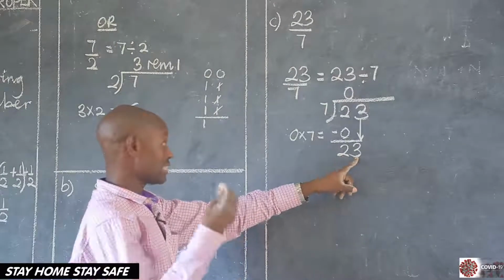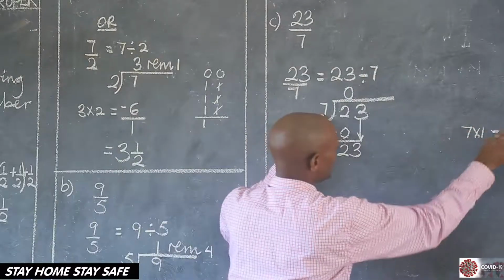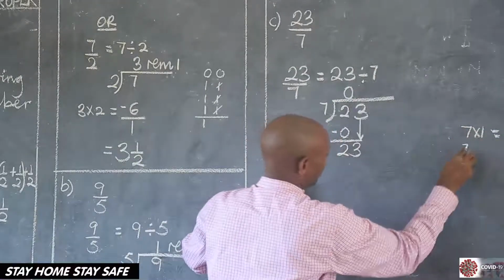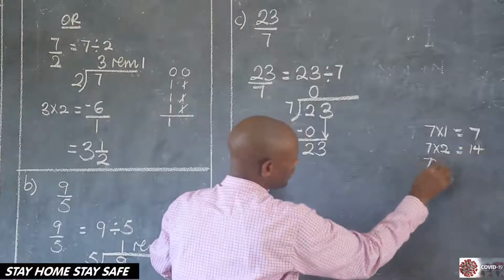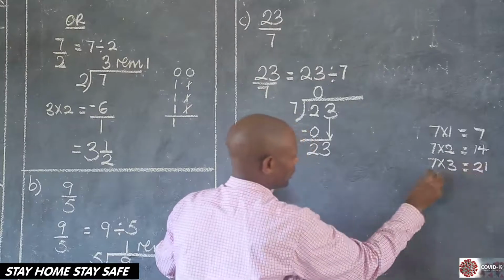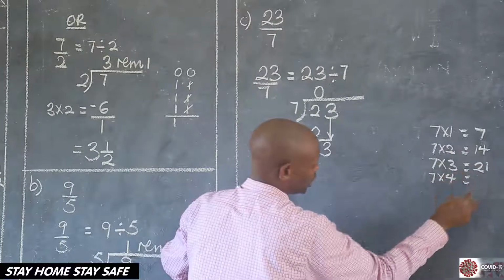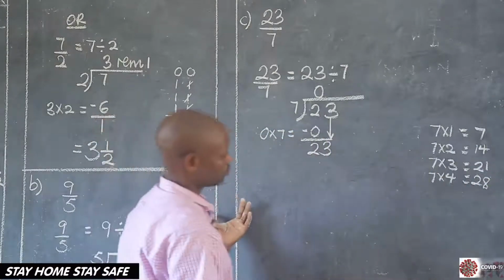So how many groups of 7 can I get from 23? That is table 7. 7 times 1, what do we get? 7. 7 times 2, what do we get? 14. 7 times 3, what do we get? 21. 7 times 4, what do we get? 28. You go on adding 7.